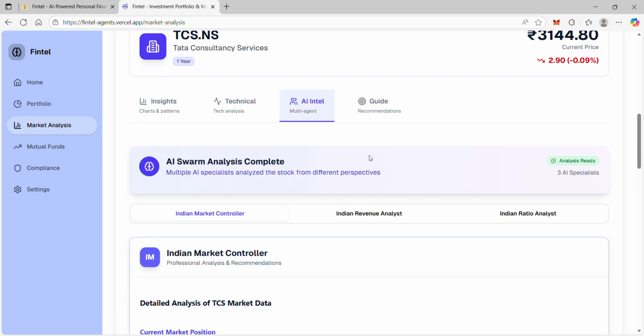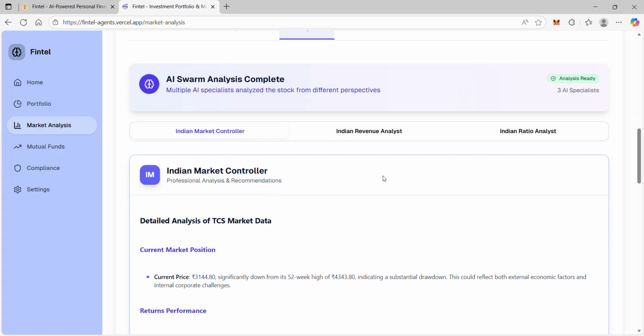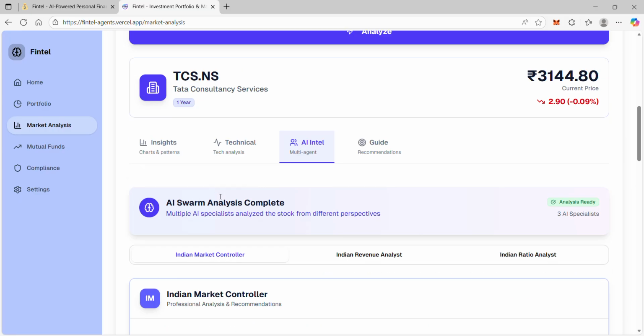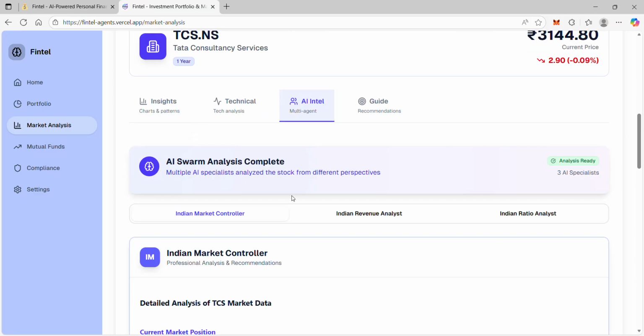Here is the important part, that is the agentic AI. There are three agents working together in a concurrent manner. The first is the Indian market controller, the second is the Indian revenue analyst, and the third is the Indian ratio analyst. All the real-time data, as you can see, is the real-time price provided by Yahoo Finance to this particular agent.